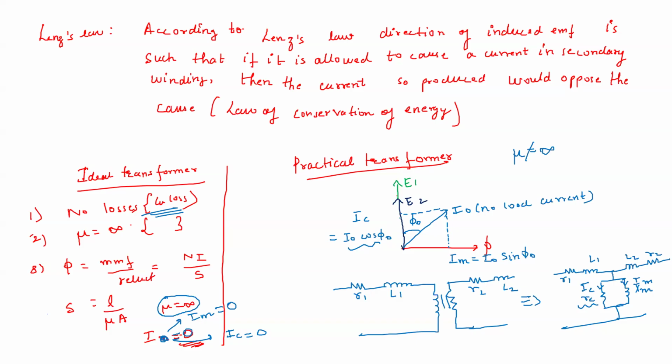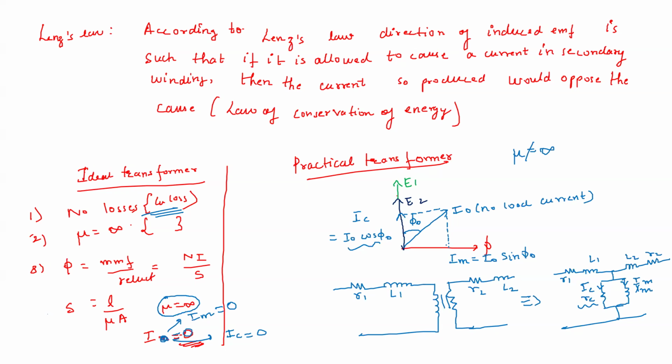If I have to find out the core loss, it will be something like E1 into IC, E1 I0 cos phi naught, right? So the core loss component is the cos phi naught component. Because it is in phase, if you take I naught cos phi naught, it comes in phase.